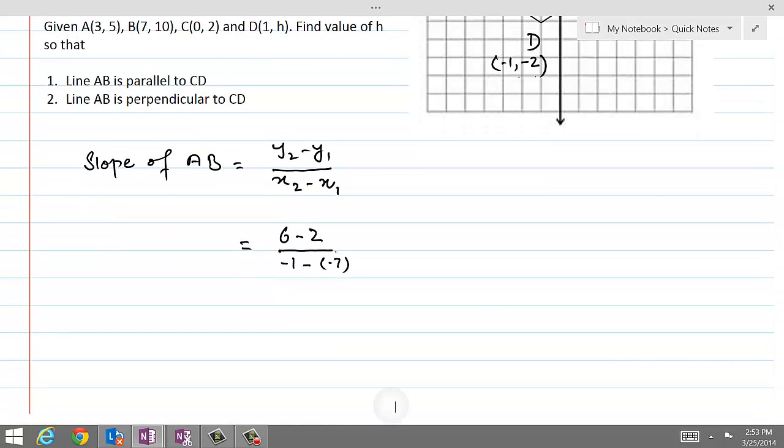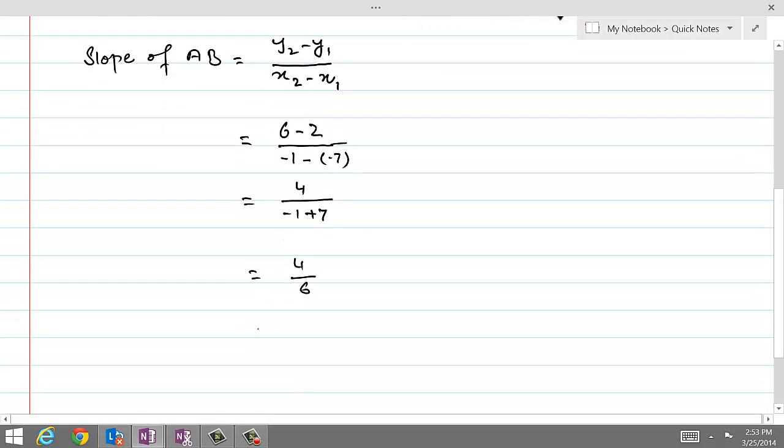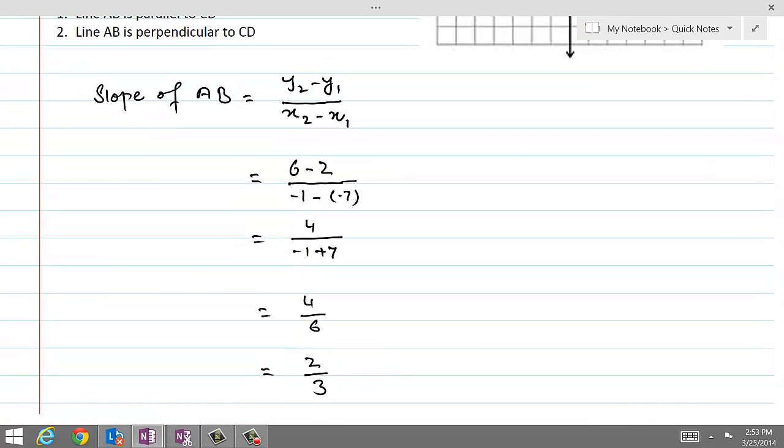So this is going to give us the slope for AB, which will be equal to 4 over -1 plus 7, which means 4 over 6, and in the lowest form this is equal to 2 over 3.